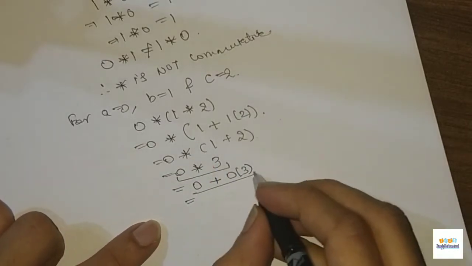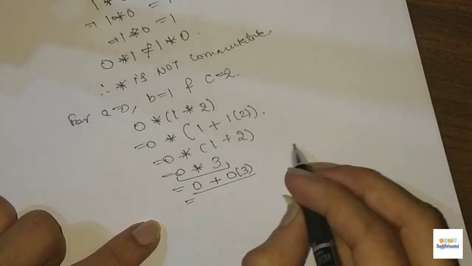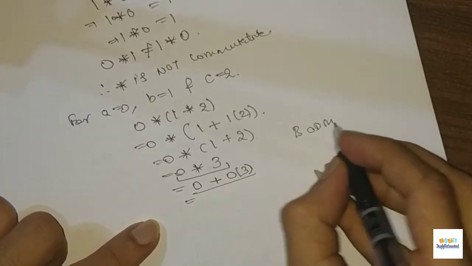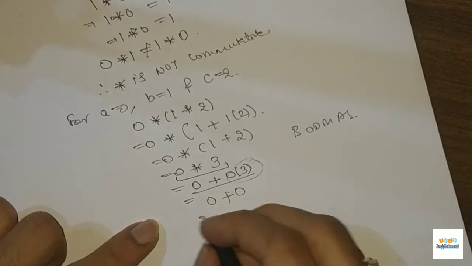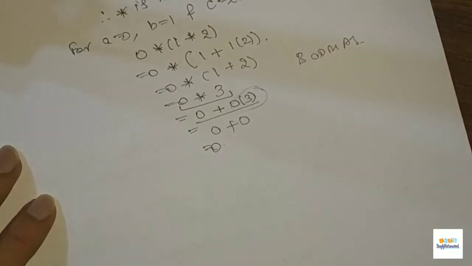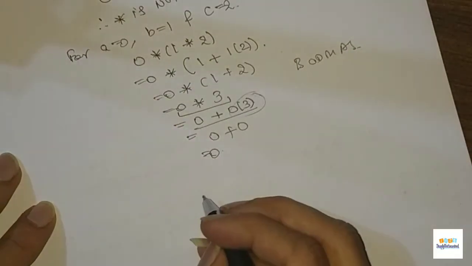Here don't forget the BODMAS. So first you have to do multiplication and then add. So first you multiply, so 0 plus 0, which is 0. So 0 star bracket 1 star 2 is 0.